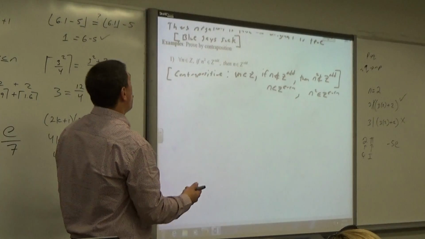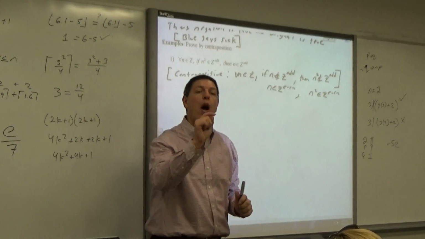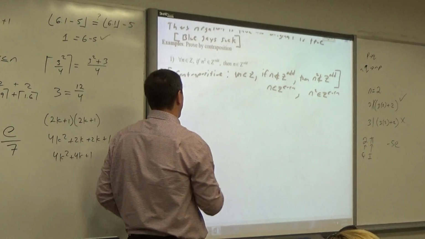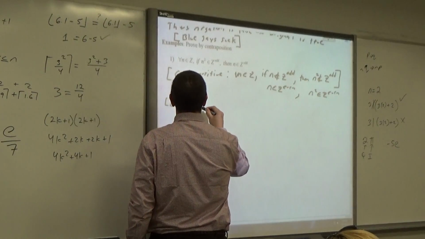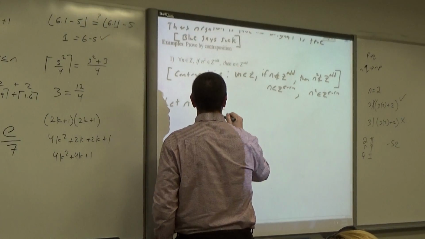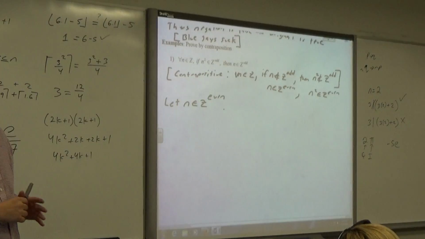So, let n be an element of Z even, because we're trying to prove the contrapositive valid. And we can all easily do this, I feel. Because all we're trying to do is prove the contrapositive to be valid.